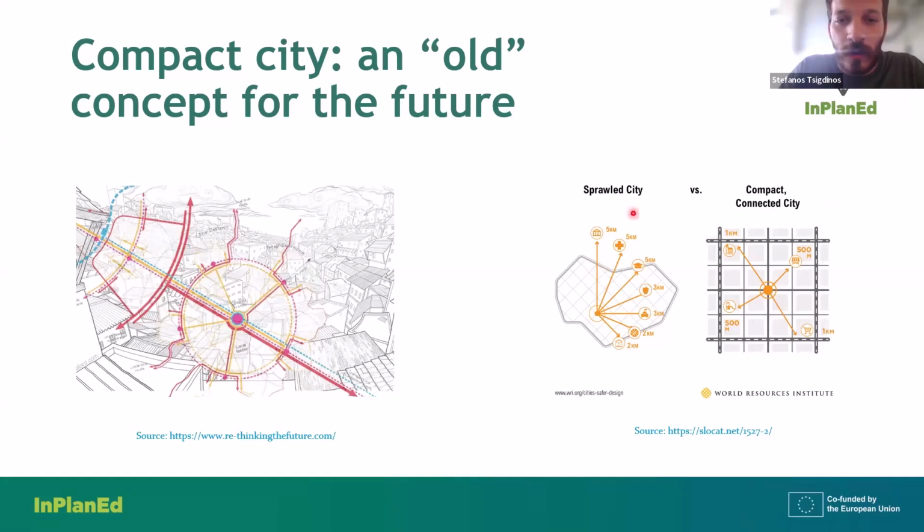So if we want to go into deeper analysis, in a deeper zoom, in a lower scale, more zooming in on our areas, we can see that in sprawled cities, we have this type of unorganized distribution of land uses, but in a compact and connected city, conceptually, this is a conceptual diagram, we can organize them accordingly and distribute the land uses themselves, but also the types of connecting them one with each other.